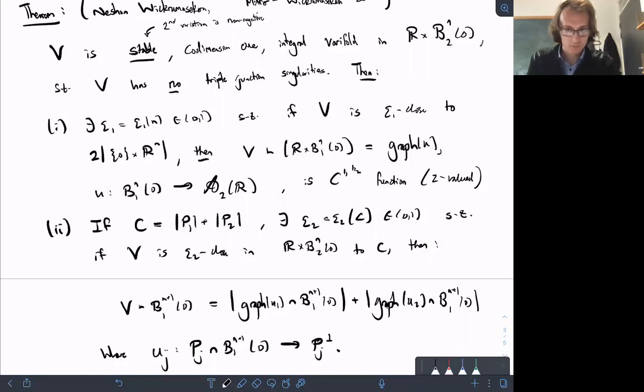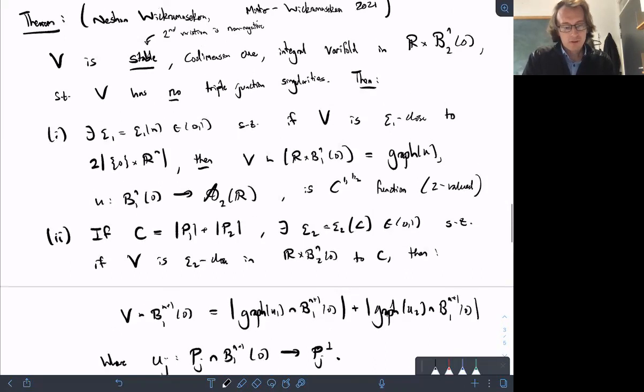Again, this is a work which is currently almost finished and should be published at some point soon. And like I said, this theorem is a special case actually of a more general theorem, which will appear in this paper by myself and Nishan very shortly.